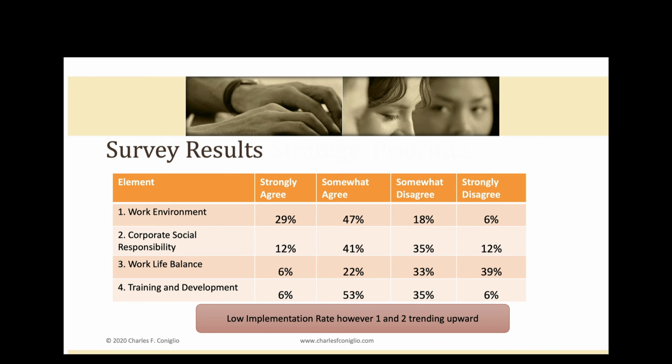So looking at Table 2, it reveals several facts concerning the outreach stage. An agree response indicates that the respondents considered the element part of their standard practice. There is a significant difference between the strongly agree and somewhat agree columns. If you're looking at the strongly agree, no element was implemented by more than 29% of the organizations surveyed.